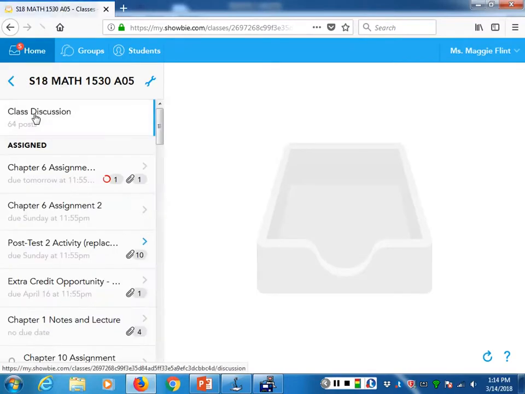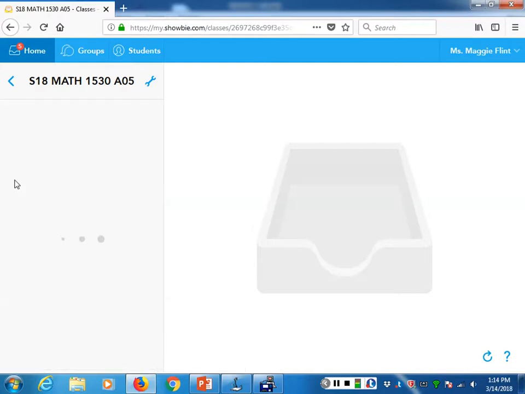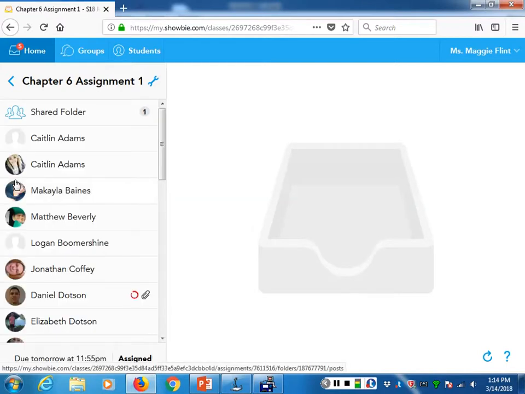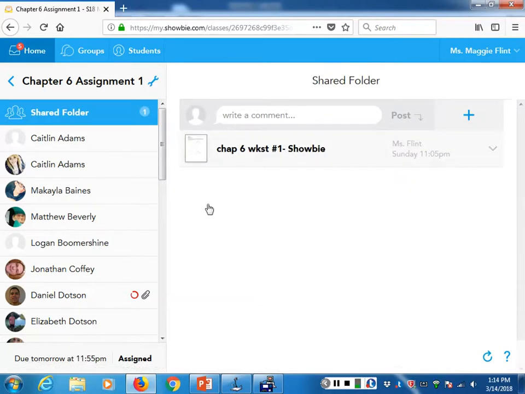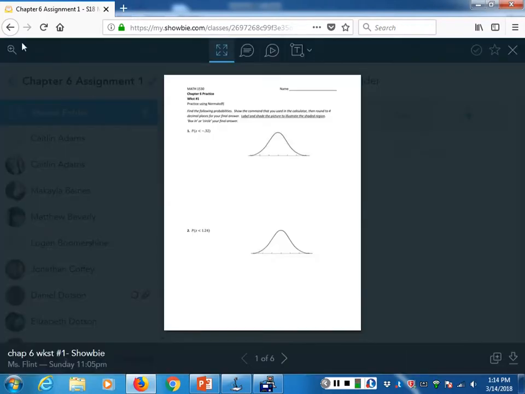There's actually, I think, 2 parts to chapter 6 or maybe 3. You should be able to do the first part of chapter 6 now, no problem. But you should also go into chapter 6 assignment 1. Okay? Chapter 6 assignment 1 is this worksheet.